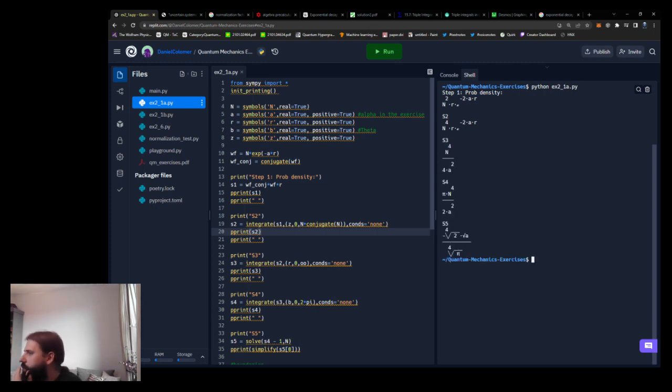I have this function here, and I want to show that the integral of it is equal to 1. But the integral without this r, okay? And so that is the thing, right?